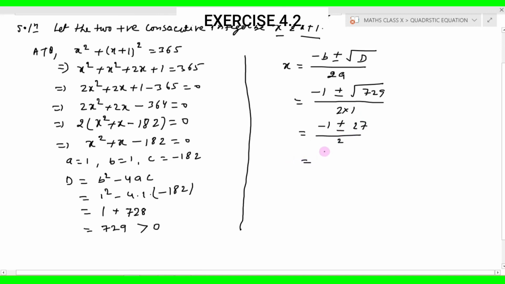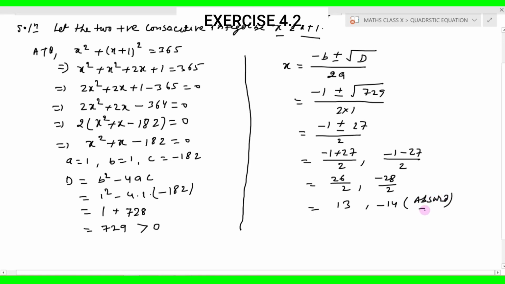So here we get minus 1 plus 27 divided by 2 and minus 1 minus 27 divided by 2. That is 26 by 2, and here you will get minus 28 by 2. So finally 13 and minus 14.